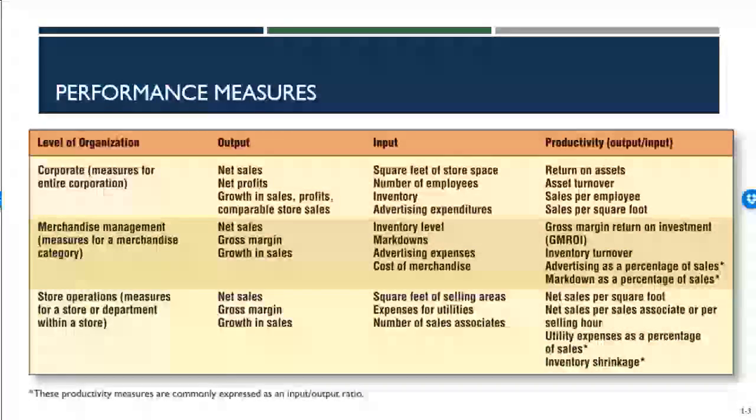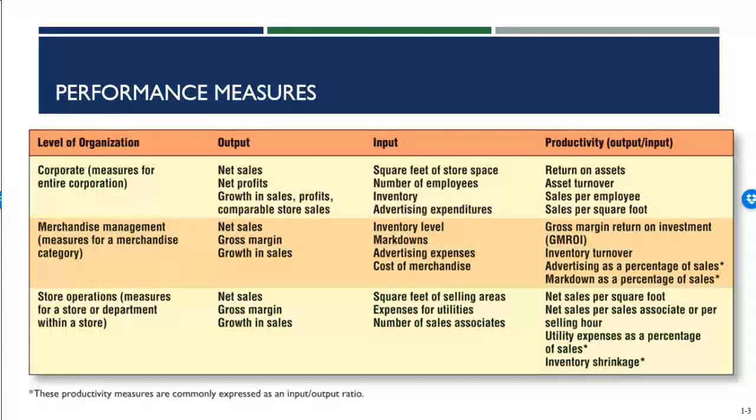But let's talk about other measures that we can use to determine success. Let's start with output measures, because that's first on our chart. Output measures assess the results of a retailer's investment decision. These are things we look at like sales revenue, gross margin, and profit margin. These are a lot of our financial measures. Generally, we would look at: What are our sales?